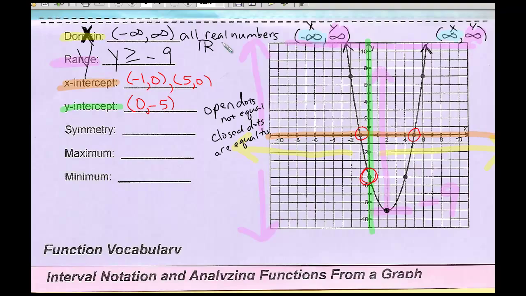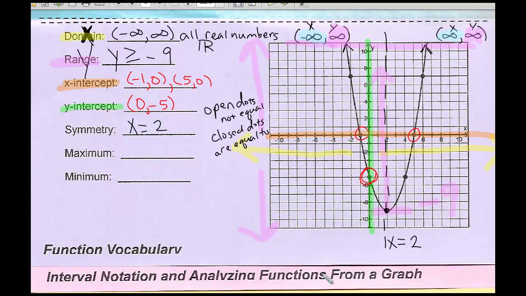Let's find the place where our graph is symmetric. Remember, symmetry is when the two halves of the graph match on both sides. You see right here that the graph is split evenly on both sides, and this line is at x equals 2.